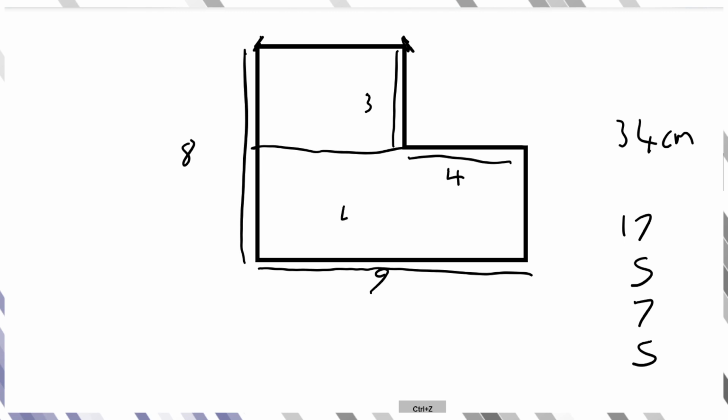Let's put that in there actually. And then the area of the top rectangle, we know the height is 3. The base is going to be 9 minus 4, which is 5 again. So we've got 3 times 5, or 15 centimeters squared in that one. So 45 add 15, that's 60. So the area of this whole shape is 60 centimeters squared.